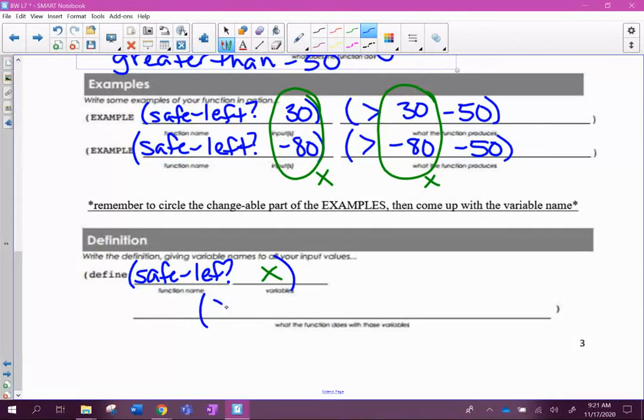And then my function is greater than x, negative 50. Make sure you have all of that written down.